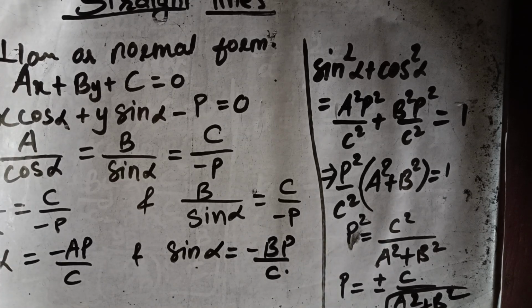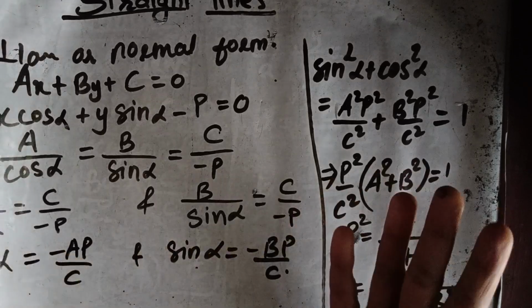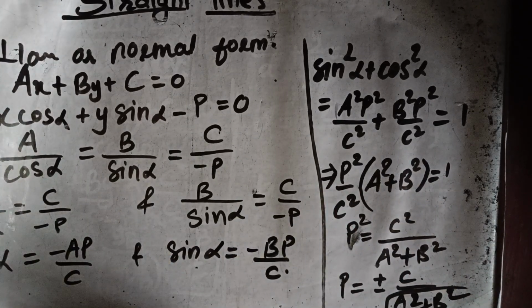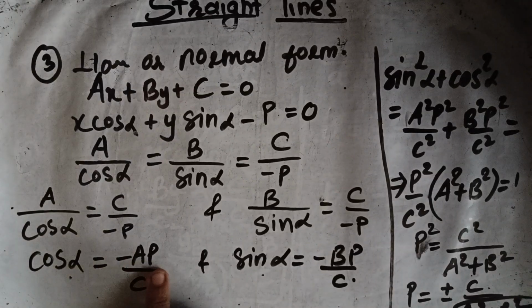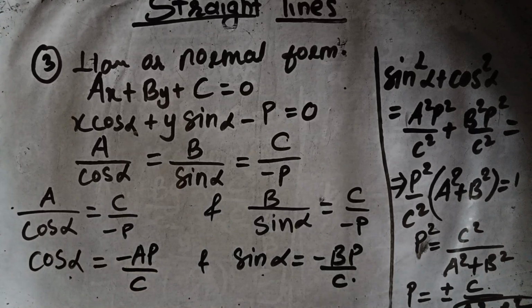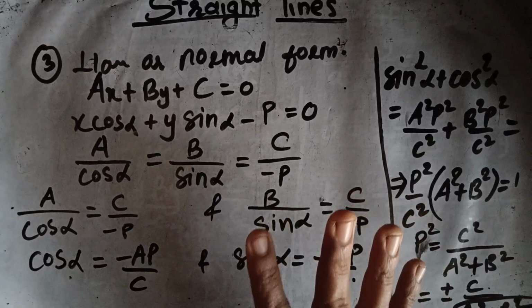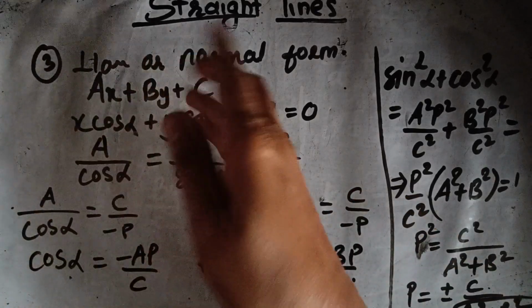Now we have to write cos alpha and sin alpha in terms of a and b. So we can substitute the value of p in terms of a, b and c.